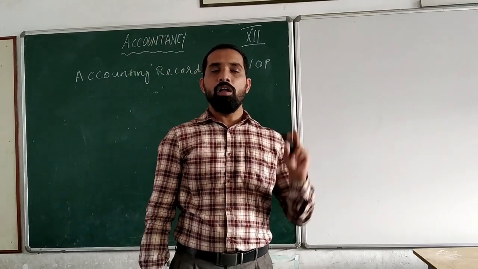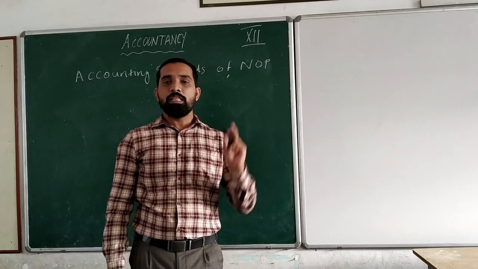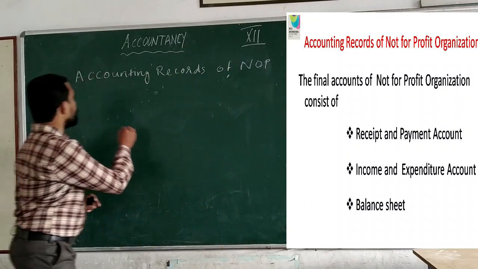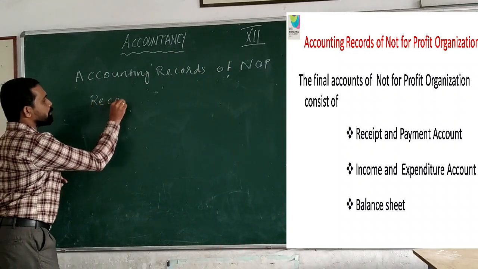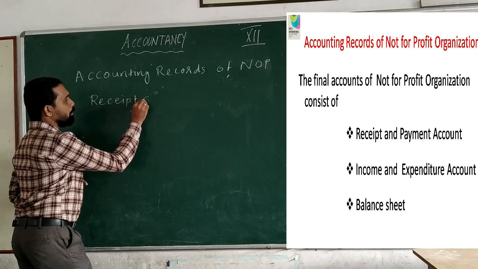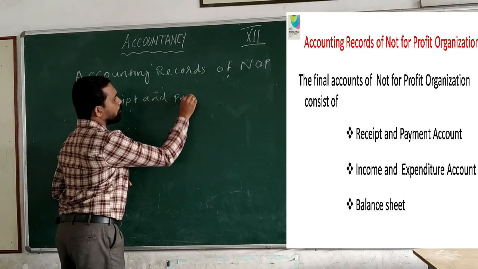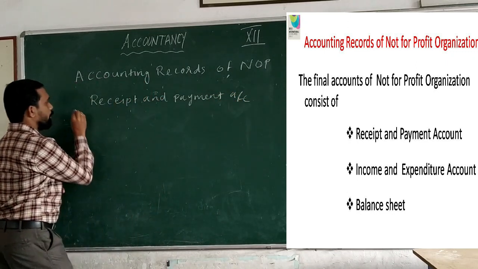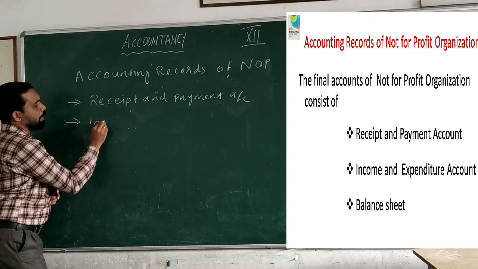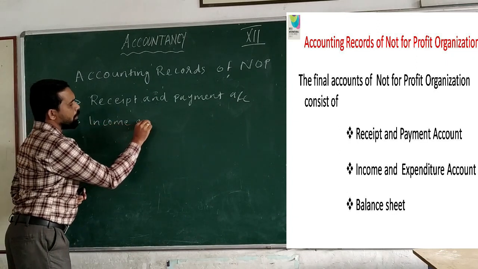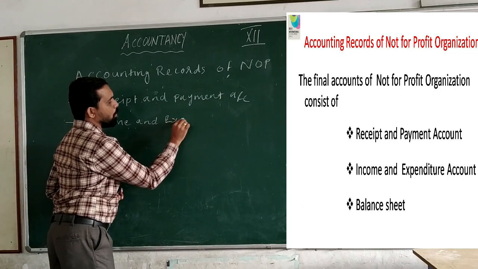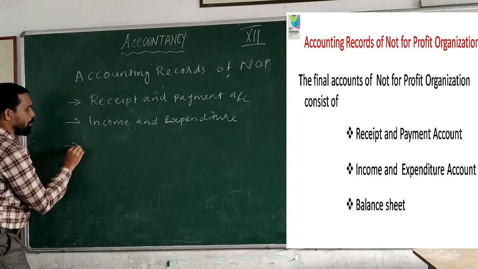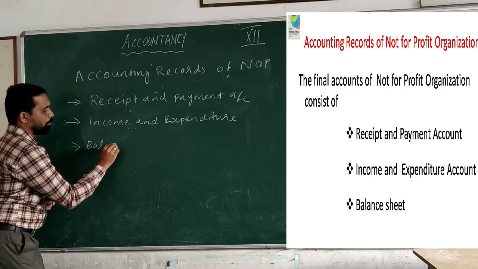But in case of a not-for-profit organization, their financial statements consist of receipts and payments account, income and expenditure account, and balance sheet.